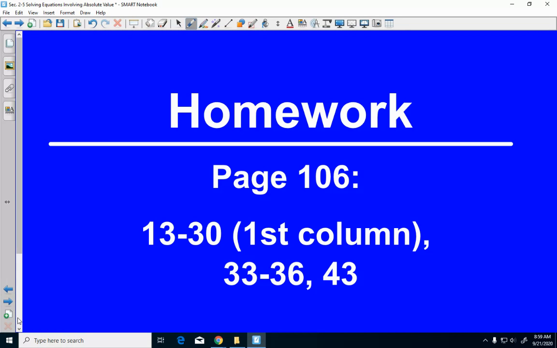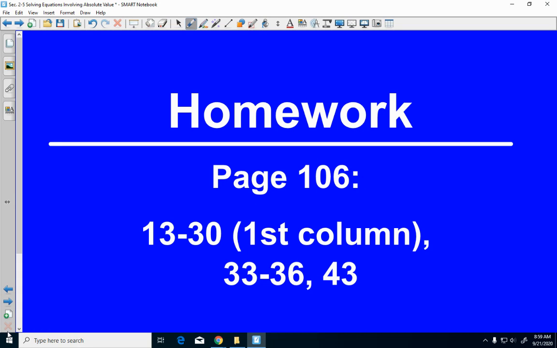Now, you're going to try this with just a couple things. It's not going to take you long at all. This is in your book, so either you're going to have to use your Chromebook to open your digital book, or if you signed out a hard copy, you could use that, obviously. The first column is on the left-hand side. Columns go up and down in your book.